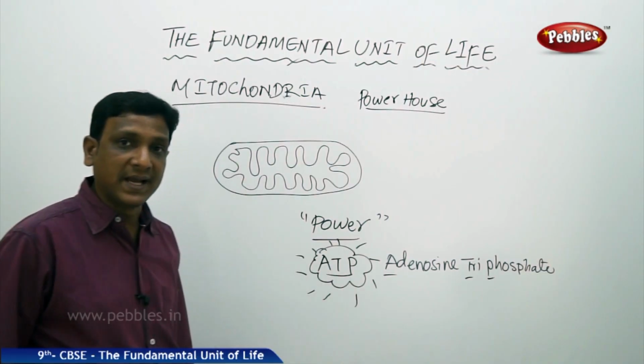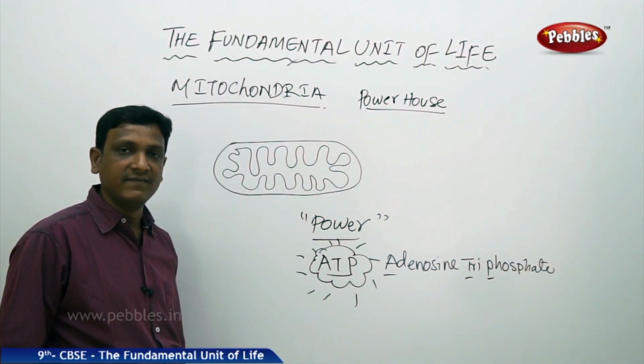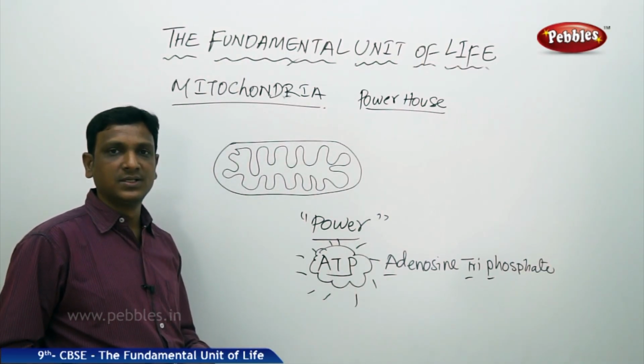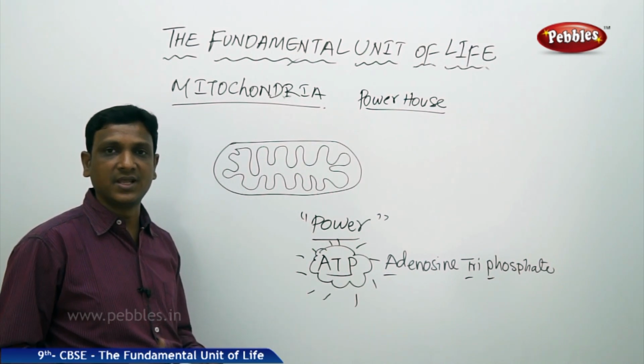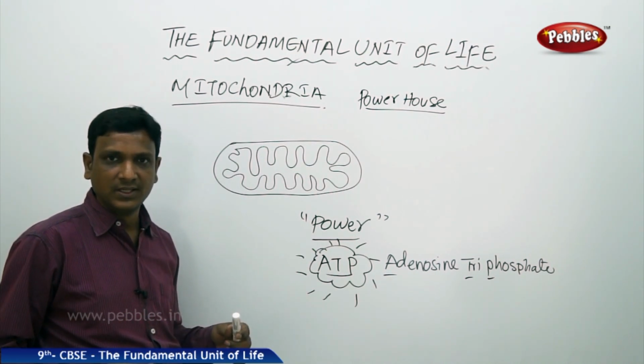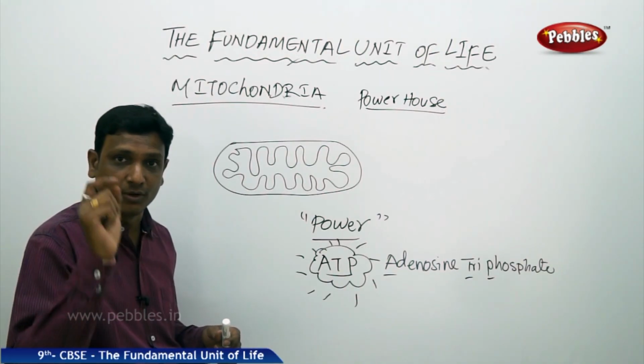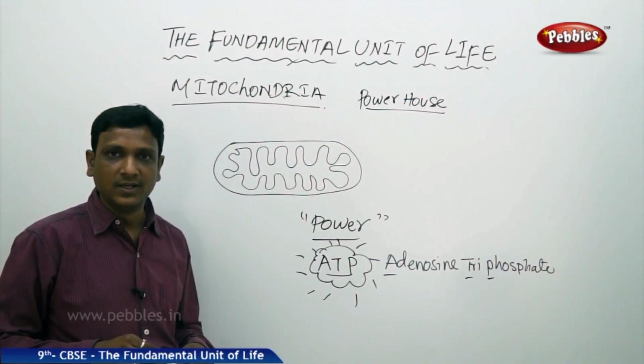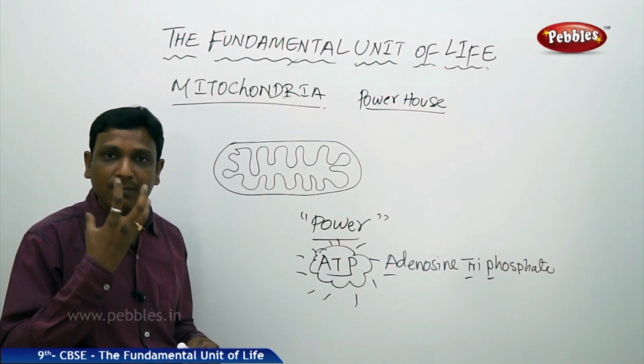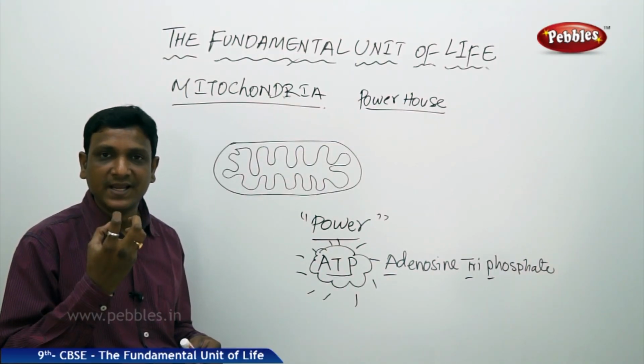So this is the energy-packed molecule present in our cells, which is helpful to make new compounds, helpful for mechanical reactions, chemical reactions, whatsoever. If you have to lift something, your muscles have to contract. For the contraction of your muscle, ATP is required. If you want to talk, the muscles in your jaws must be moving.